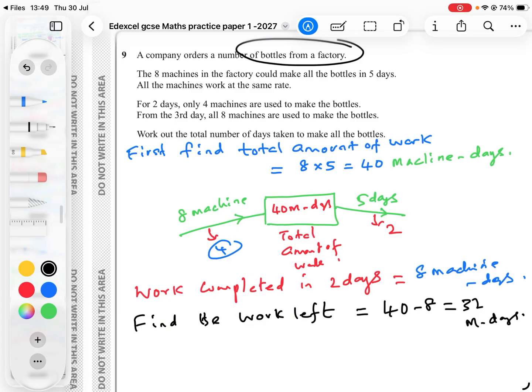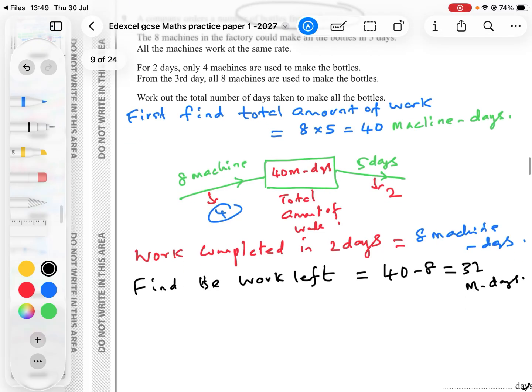Now, third day, all 8 machines are used to make the bottles. Third day. So work out the total number of days taken to make all the bottles. Okay.